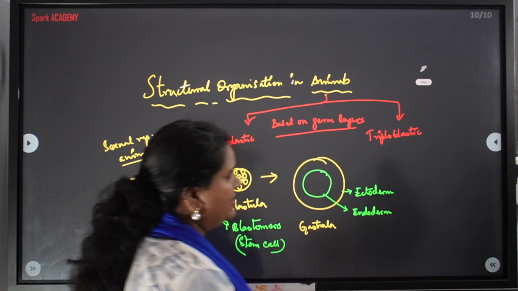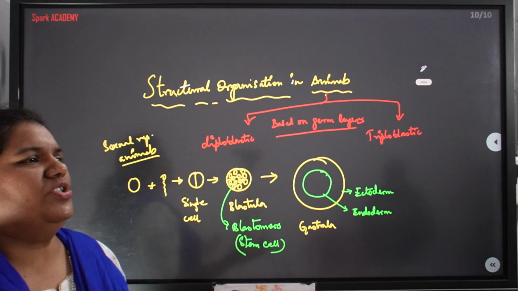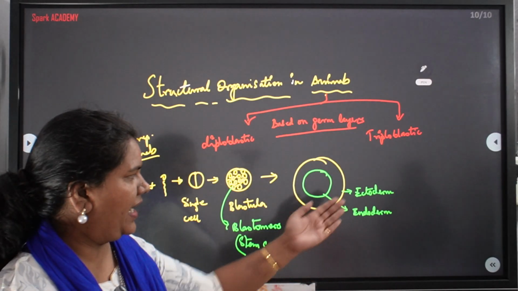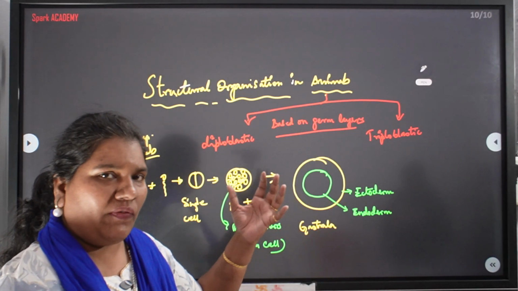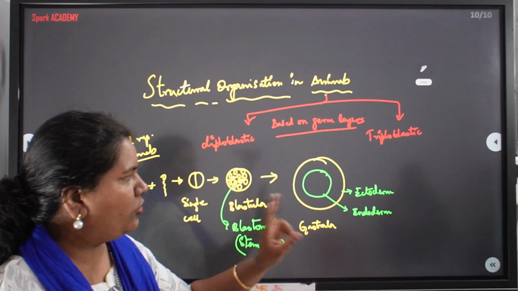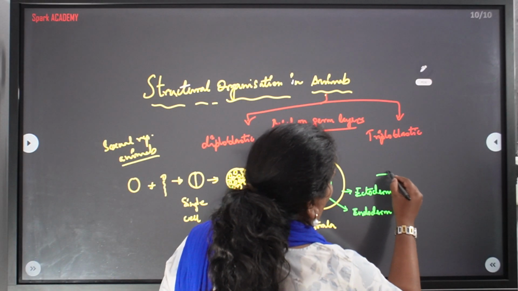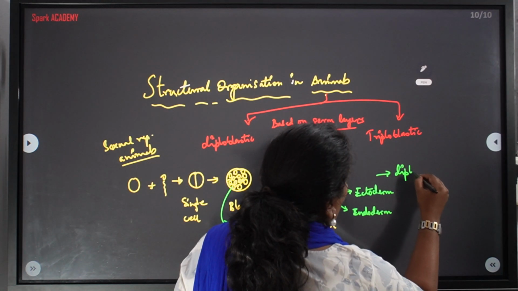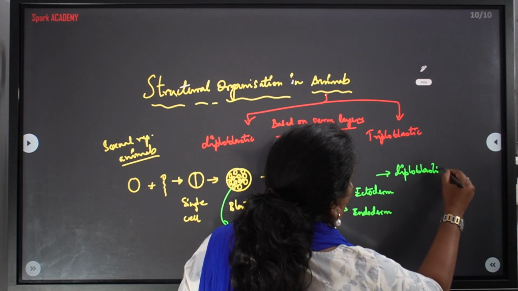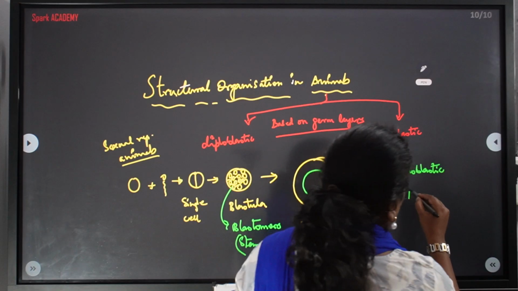Usually animals will show two layers, ecto and endo. So if you are finding two germ layers in an animal, you call this animal diploblastic. Which animals are diploblastic?